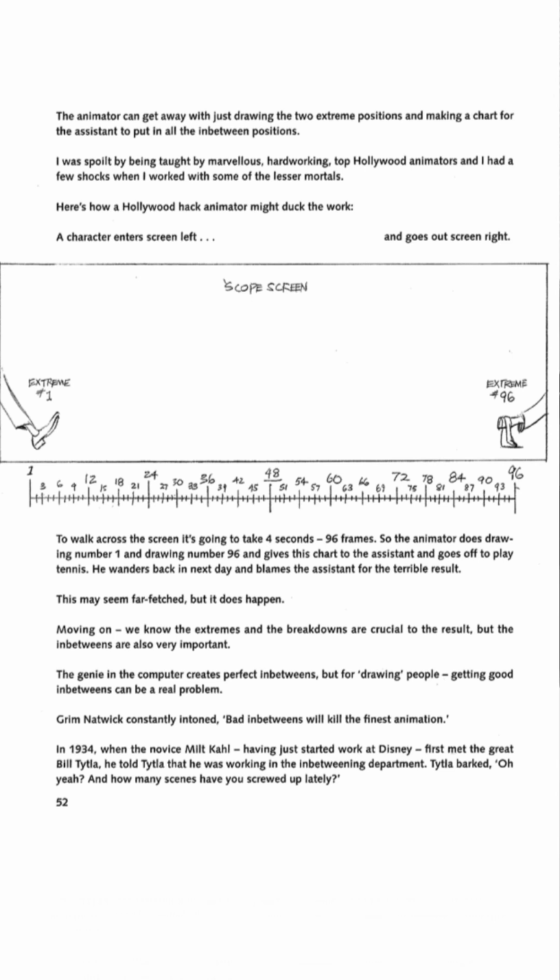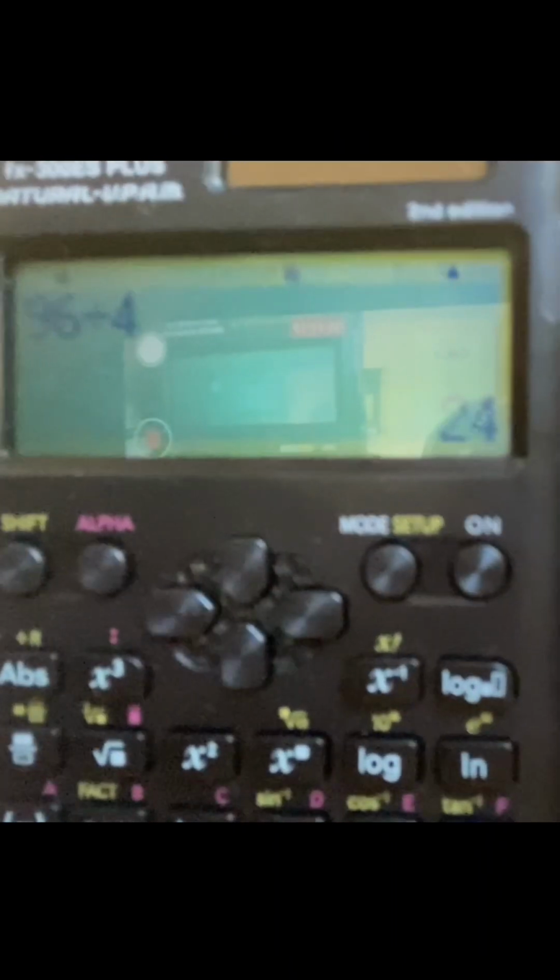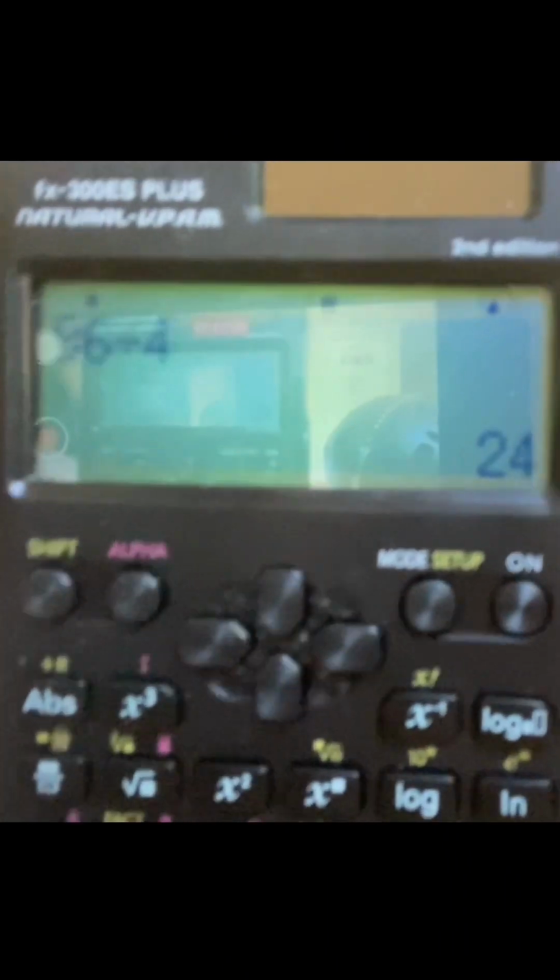A character enters screen left and goes out screen right. It says 96 and it says 4 seconds, 96 frames, so divided by 4 is 24, because we're doing 24 frames per second.